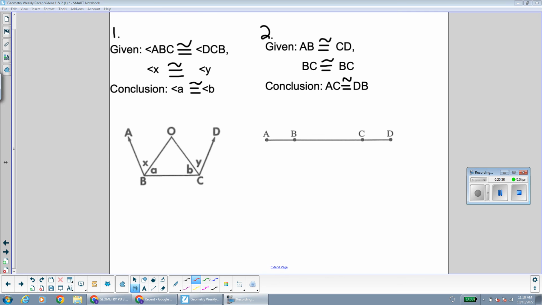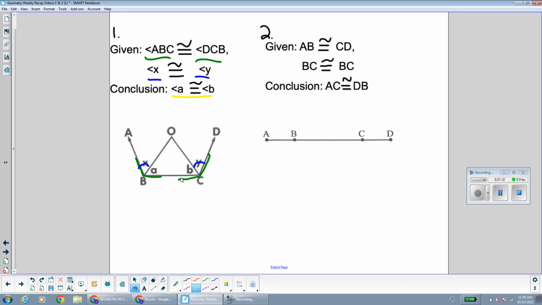So in number 1 over here, we're given that angle ABC, so that's the whole angle, is congruent to angle DCB, so that's the whole angle. And we're also given that angle X is congruent to angle Y. The conclusion that we need to reach is that angle A is congruent to angle B. So I'm already seeing that the angles that were given, the green angle, is bigger than the angle that we want to prove are congruent.